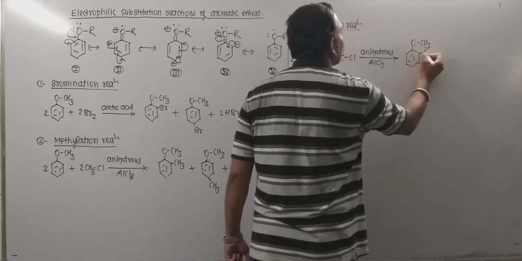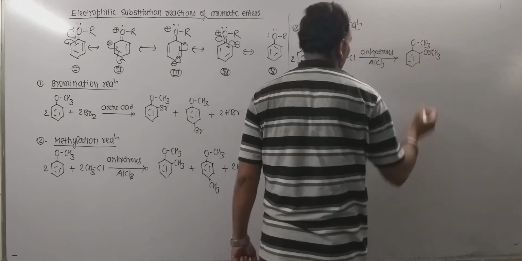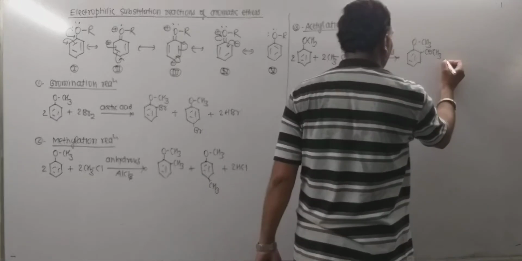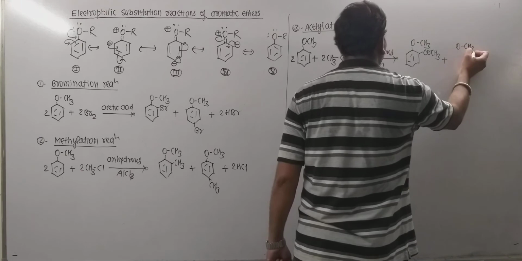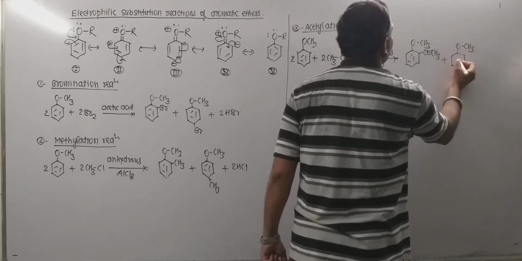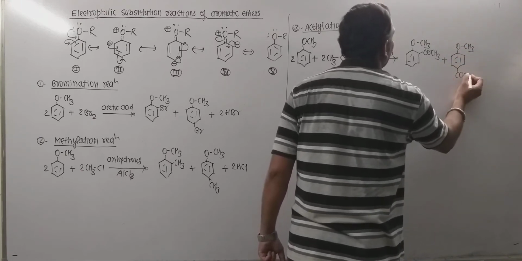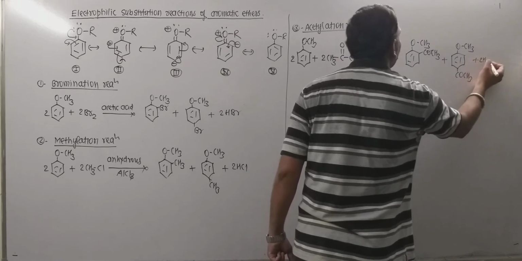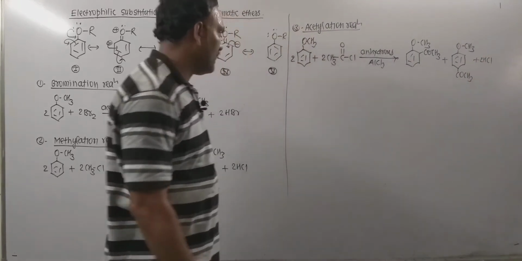So one of the products is 2-methoxyacetophenone, and the other product, which is in fact the major product, is 4-methoxyacetophenone with the departure of HCl.